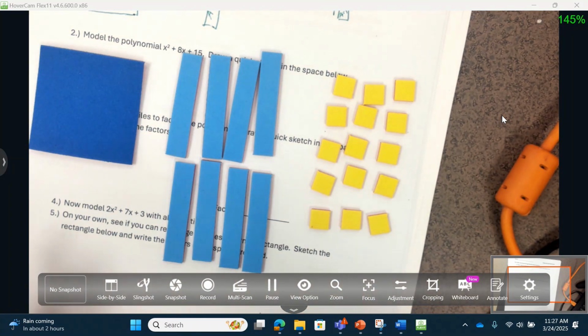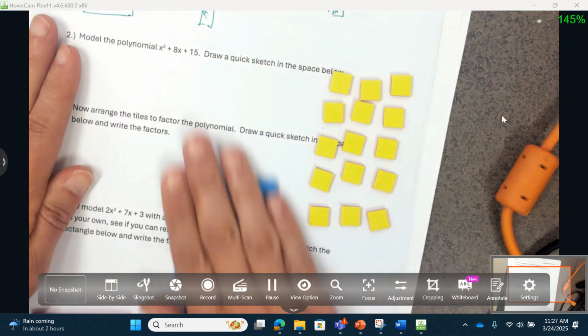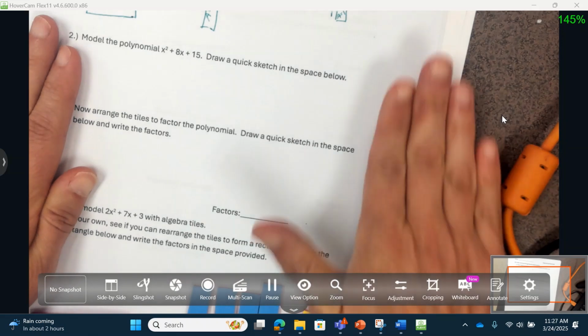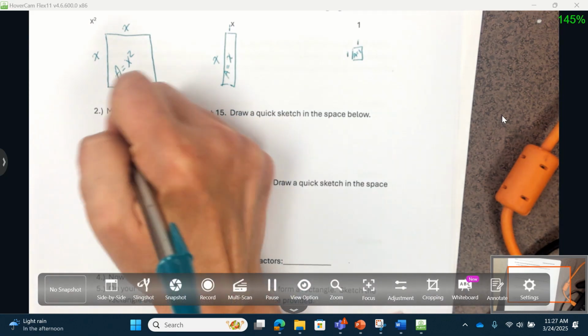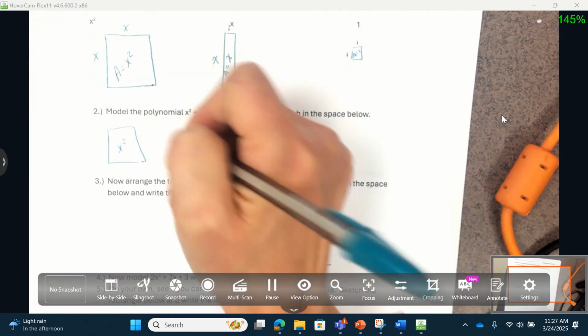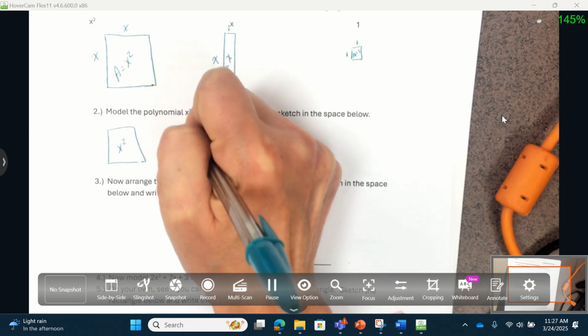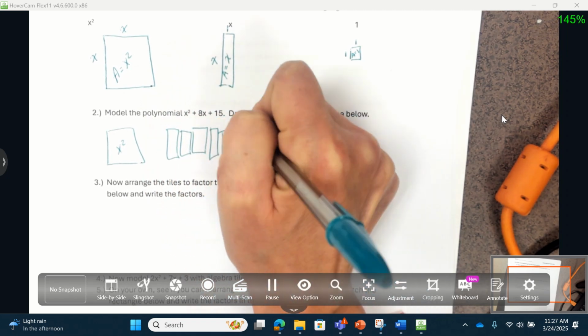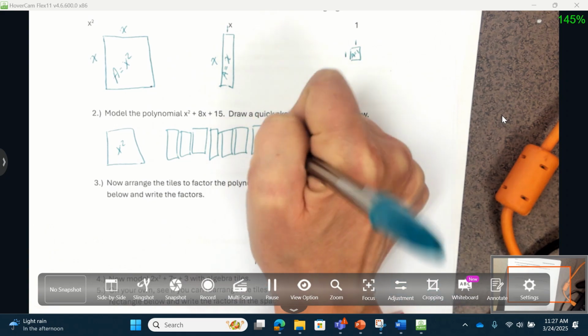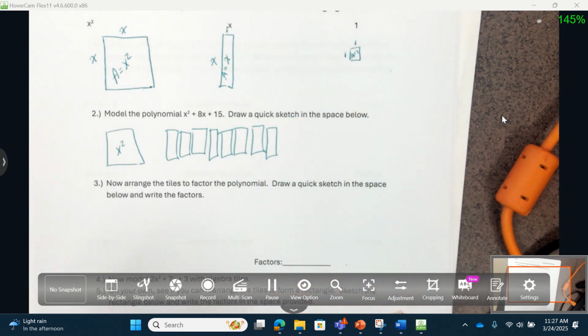So what you will do, and again, you can do this on your sheet at home, is draw a quick sketch. Quick meaning I do not want you spending forever on this. So we would have one of the big ones. We're going to have 1, 2, 3, 4, 5, 6, 7, 8 of the rectangles. Just make sure that they all look like rectangles.